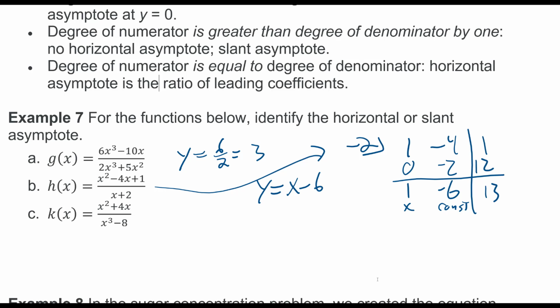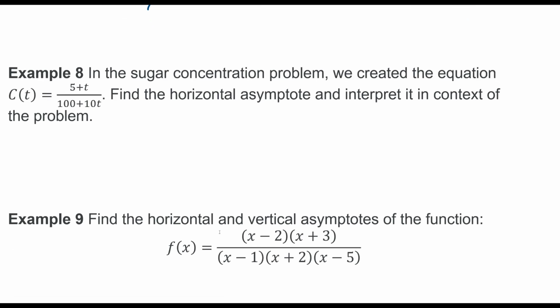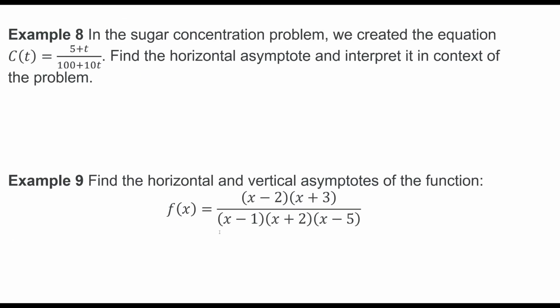And then this next one, x squared plus 4x over x cubed minus 8. The degree is more on bottom than on top, so it's just y equals 0. Okay. Example 8, in the sugar concentration problem, we created the equation C of t equals 5 plus t over 100 plus 10t. Find the horizontal asymptote and interpret it in context of the problem.